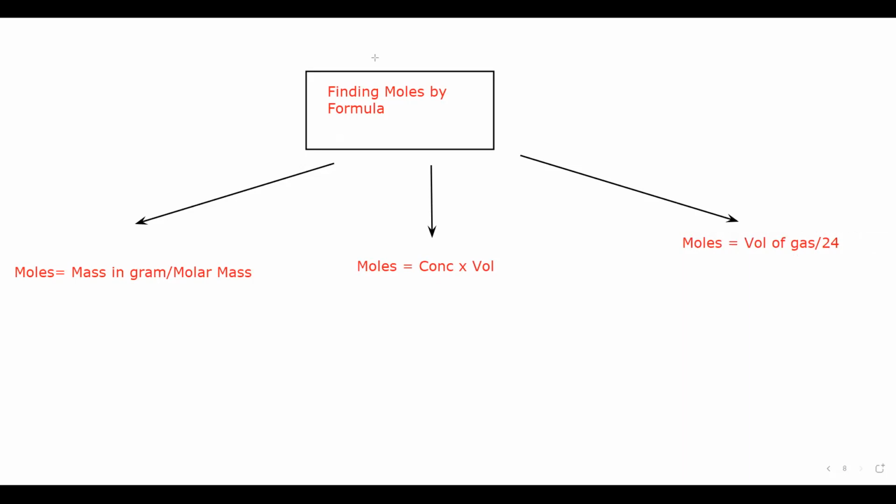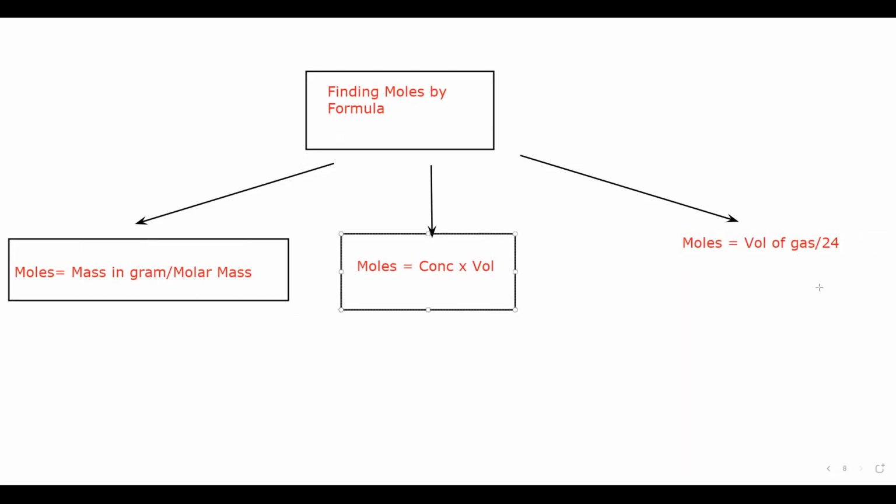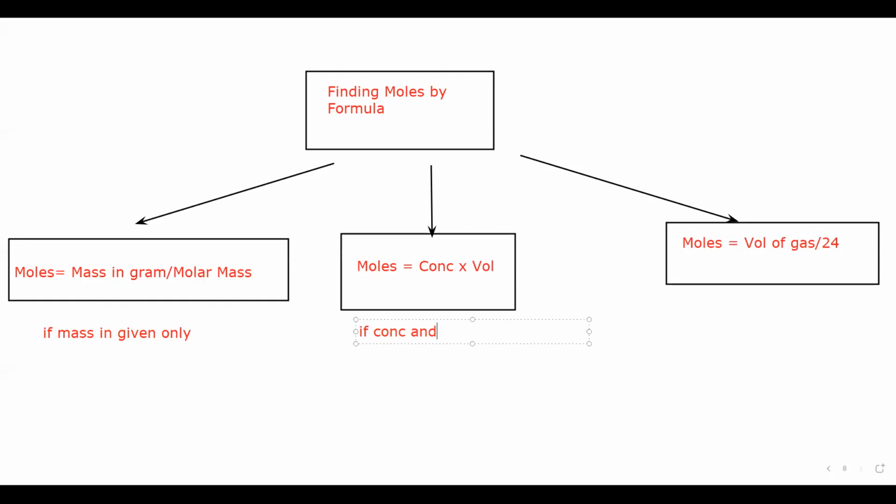It depends on the condition. Different conditions we use different formulas. So how do you recognize which formula to use? Number 1, if mass is given, then you will use the first formula. The second one, if concentration and volume are given, you will use the second formula.